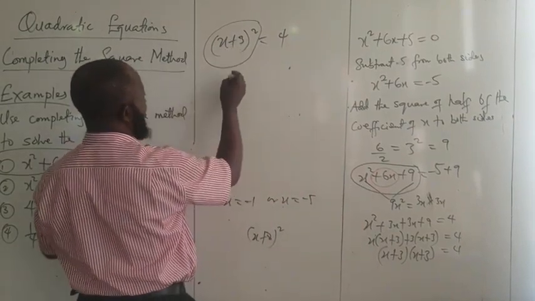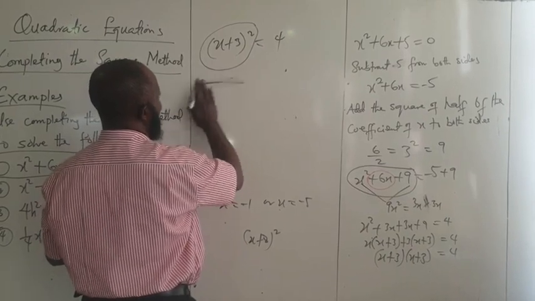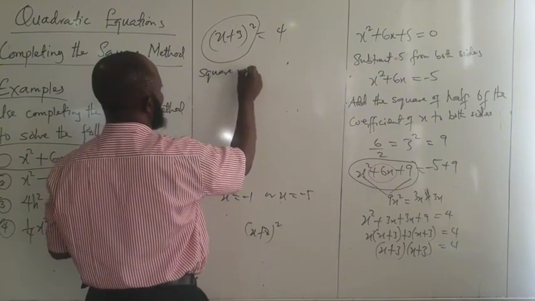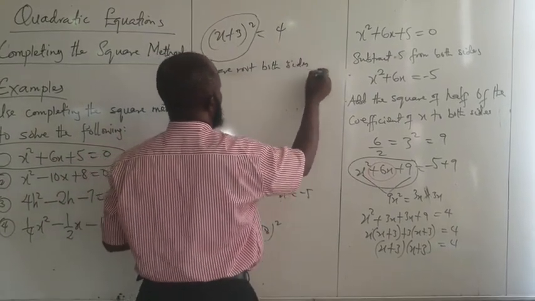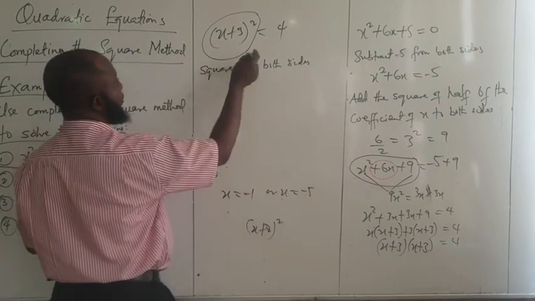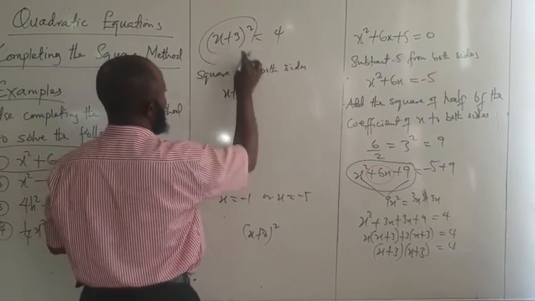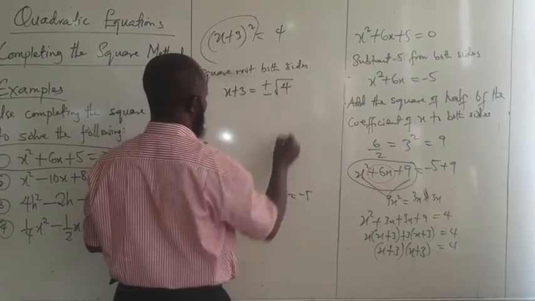So don't forget this x we're looking for. You can just say x plus 3 squared. We are going to take the square root of both sides. So the square root of both sides is going to give x plus 3 equals to plus or minus square root of 4.